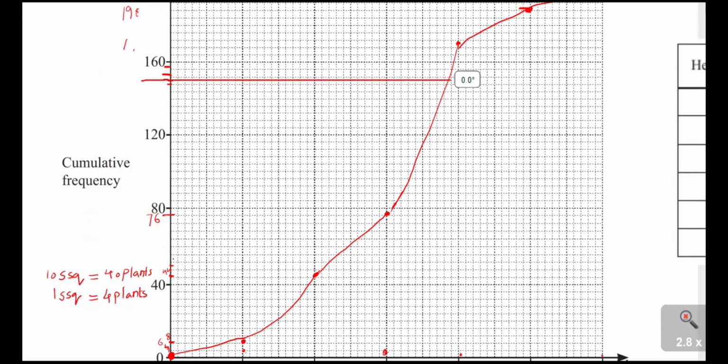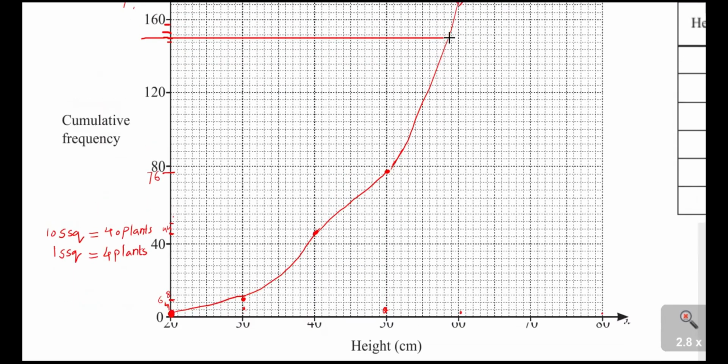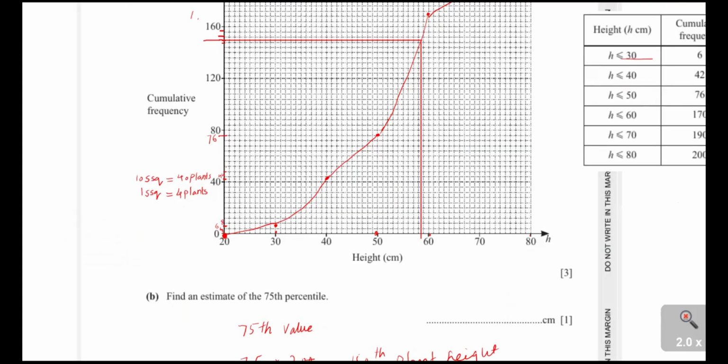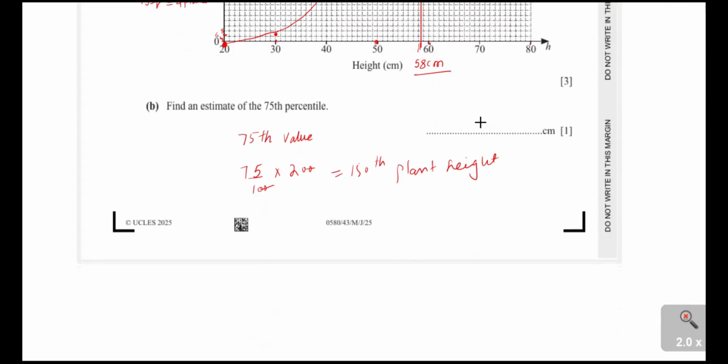Where this horizontal line meets the graph, we see the value of height against this intersecting point. We will draw a vertical line. This vertical line meets the graph at this position. This is 59 and this is 58, and the middle of 58 and 59, we mark this value: 58 centimeters is the 75th percentile.